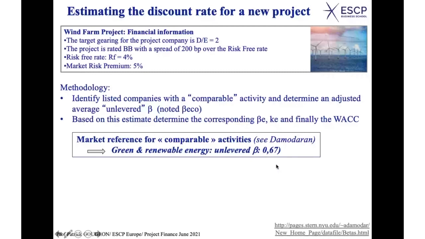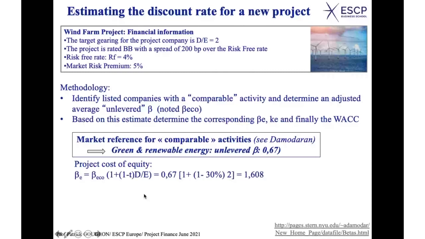Now, what would be the project cost of equity? The equity beta is defined by this formula. The economic beta we have from Damodaran, we find 0.67. The tax rate is assumed to be 30%, and the debt equity ratio is assumed to be 2.